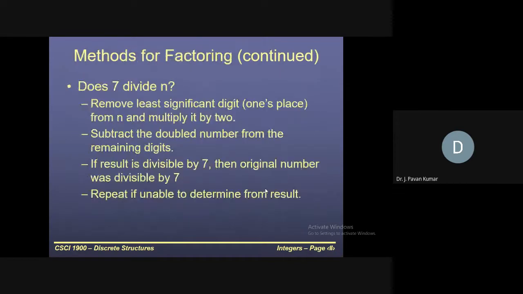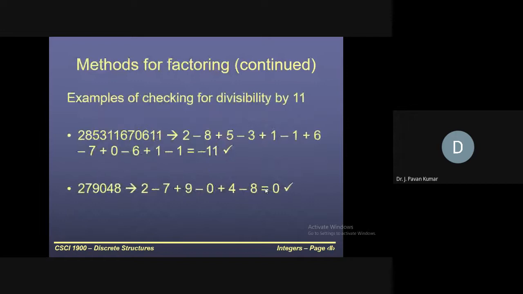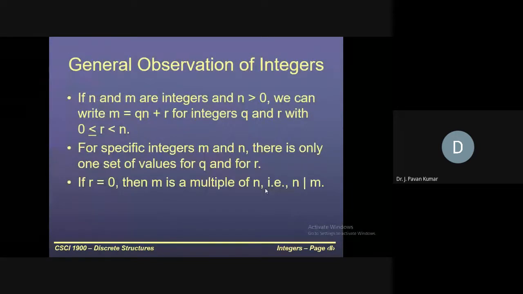Afterwards we have seen a very important point here: given two numbers n and m, m can be represented in the form of q into n plus r.